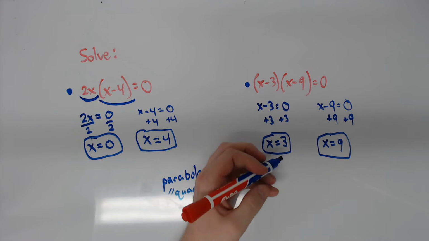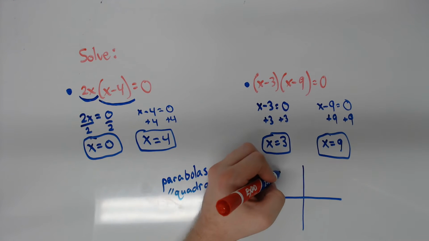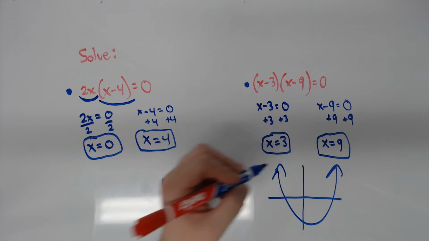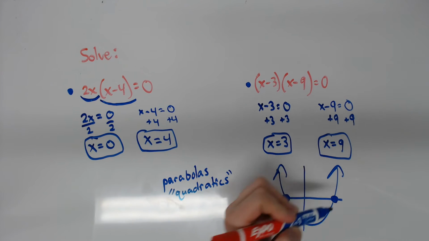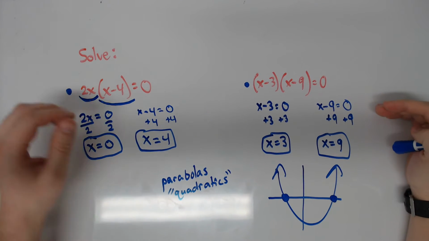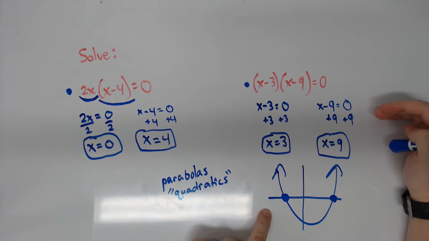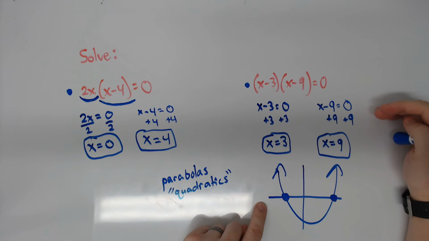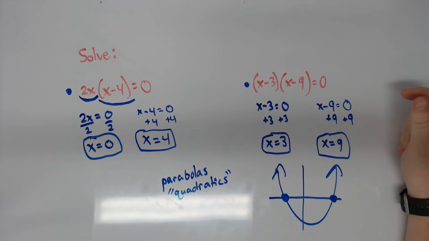The reason these have two solutions is because the graphs look something like that. They're curved, and these are my solutions where it crosses the x-axis. So the zero product property tells me where a parabola crosses the x-axis. It's actually kind of neat. We'll look at a lot of applications. This is one of the more useful things you learn in Algebra 1, one of the most applicable things in areas outside of school.